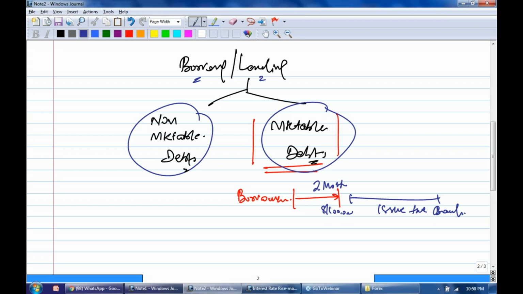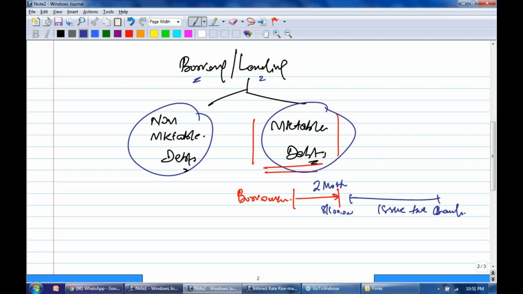Simply, to the bank, that is non-marketable, or issue bonds to the public. When we borrow from the market, that means we need to issue bonds.